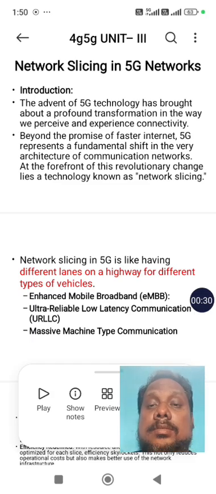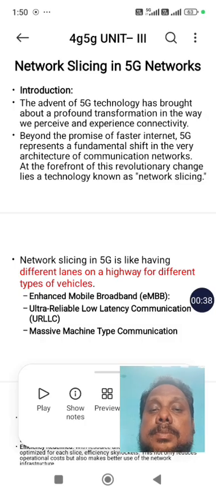So, introduction. The advent of 5G technology has brought about a profound transformation in the way we perceive and experience connectivity. Network slicing is a key feature in 5G network technology. It is not available in the fourth generation, which means the segregation of the data based upon their speed.